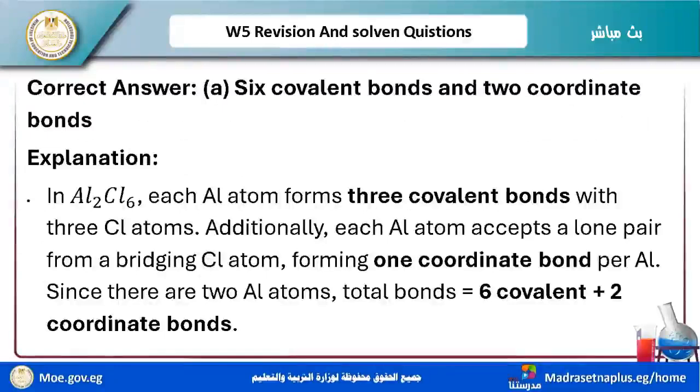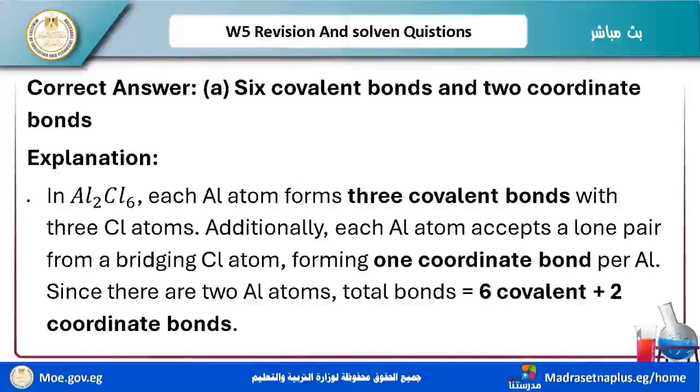How is it made? In Al2Cl6, each aluminum forms 3 covalent bonds with 3 Cl atoms. Each aluminum atom forms these 3 covalent bonds with 3 chlorine atoms.